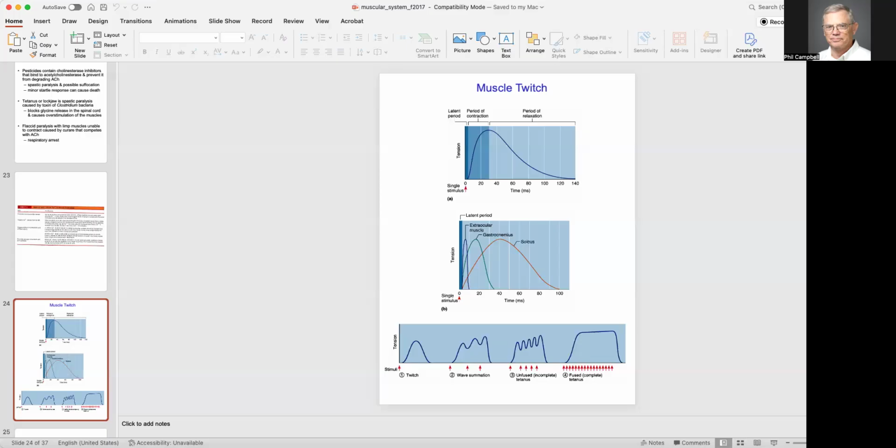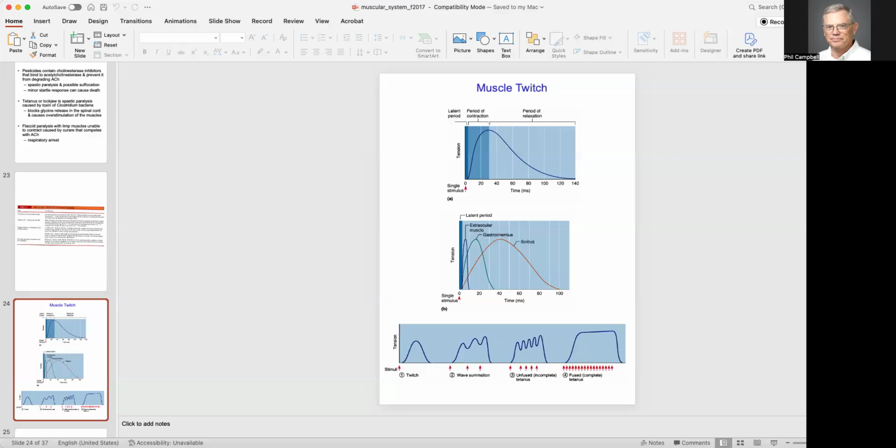If I continue to increase the frequency, what that translates to is I am flooding those synapses with neurotransmitters, and it overcomes the degradation capacity of the enzymes in there, so they keep signaling. That means calcium stays in the cytoplasm. It stays bound to the binding sites of the troponin. We stay in a constant state of contraction.